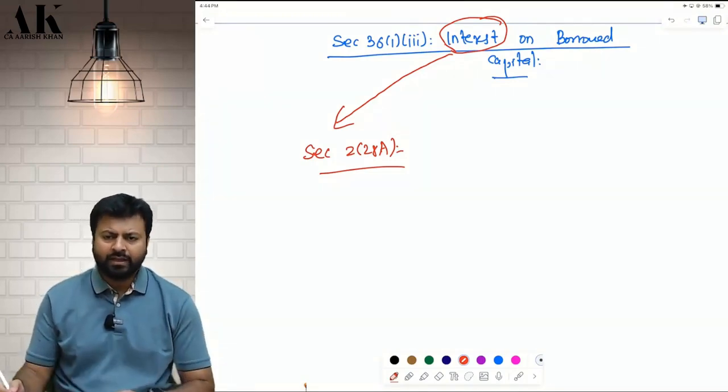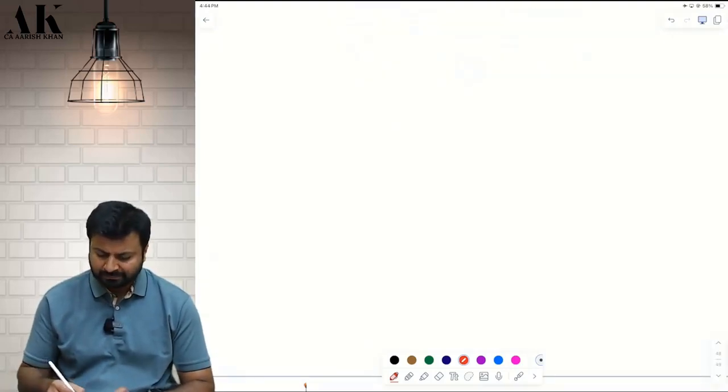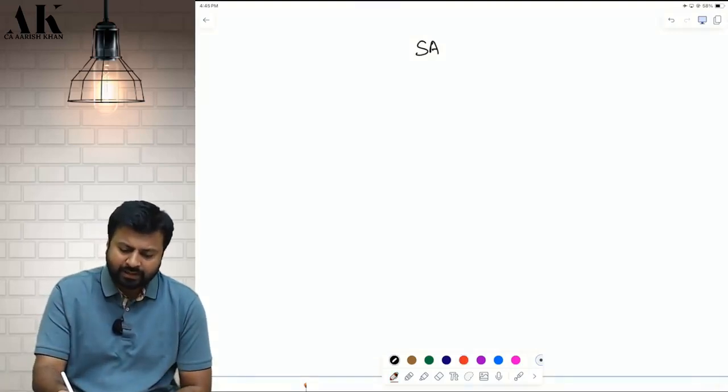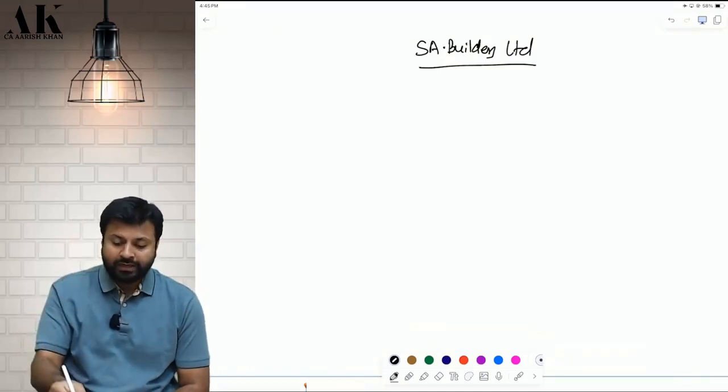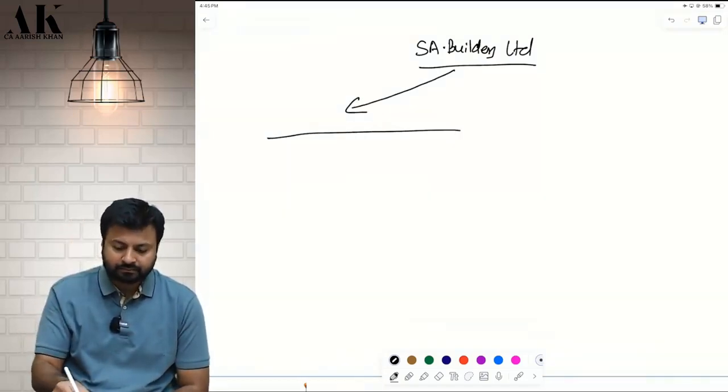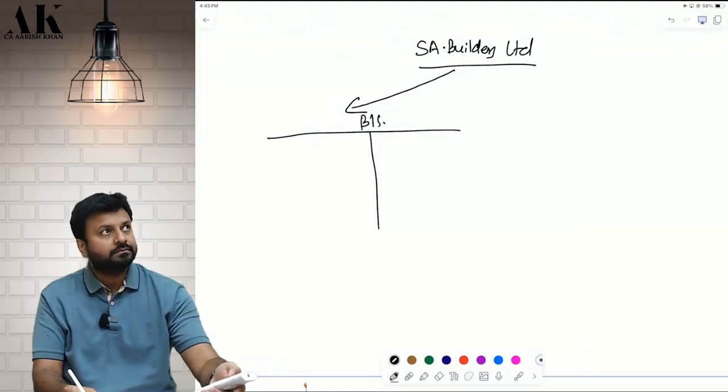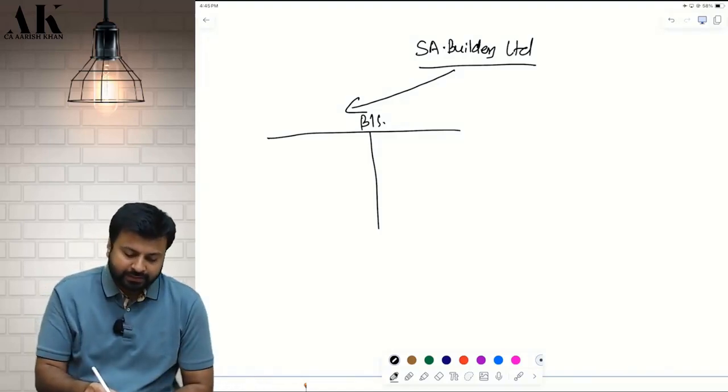Now one last thing over here, pay attention please. There was an assessee by the name of SA Builders. This is the assessee's balance sheet. The assessee took a 10% loan of, say, 10,000 rupees.